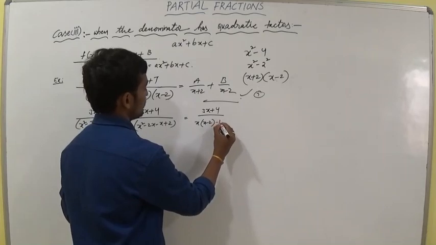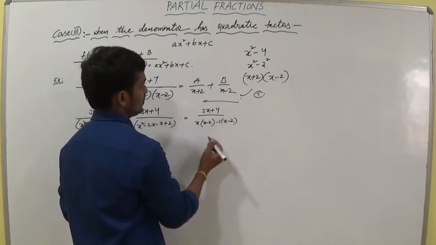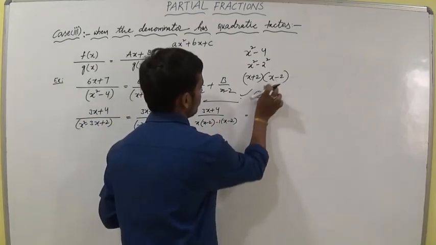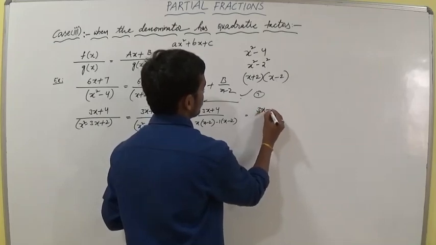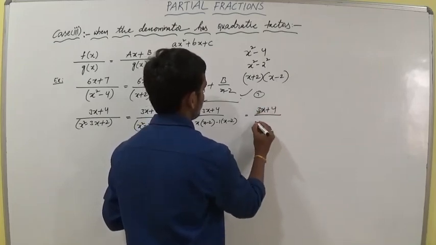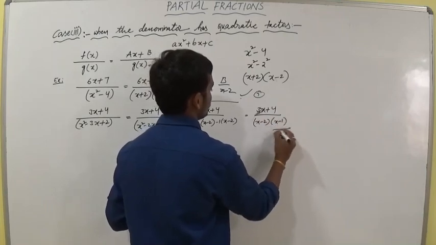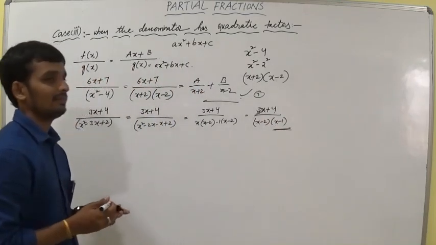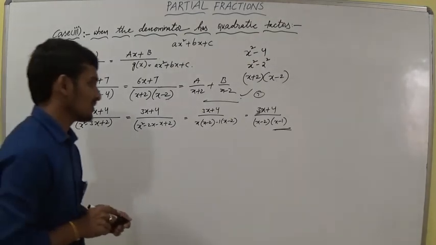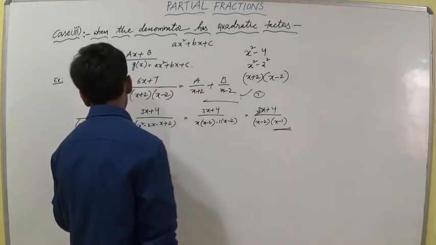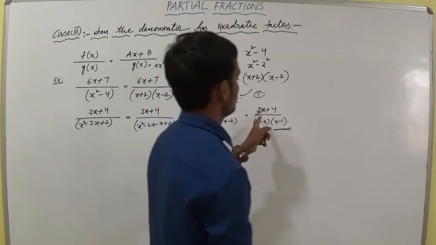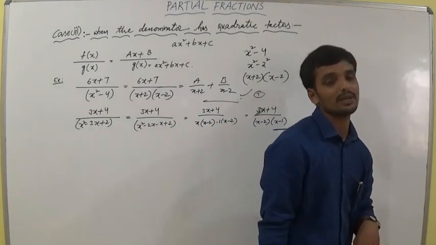I take minus 1 common here, x minus 2. So that is equal to 3x plus 4 by (x minus 2) into (x minus 1). Once observe the problem: 3x plus 4 by x square minus 3x plus 2 is equal to 3x plus 4 by (x minus 2) into (x minus 1).